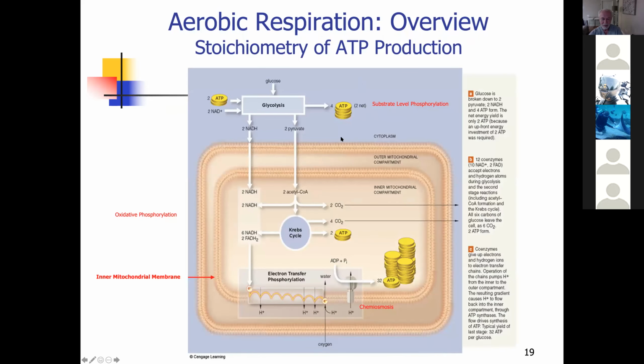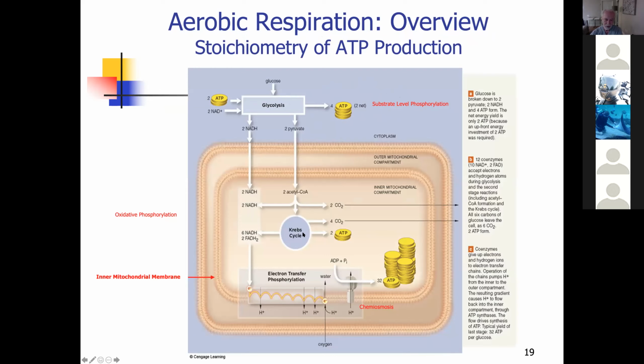So here's another look at the stoichiometry of aerobic respiration. It takes 2 ATPs for glycolysis to occur, but it generates 4. So you have a net of 2, and these are substrate level phosphorylations.